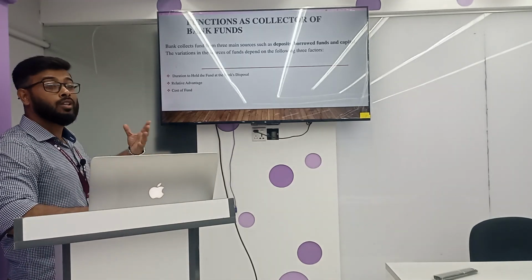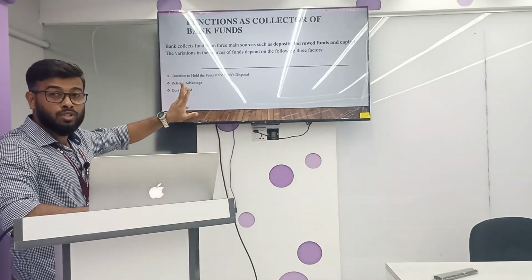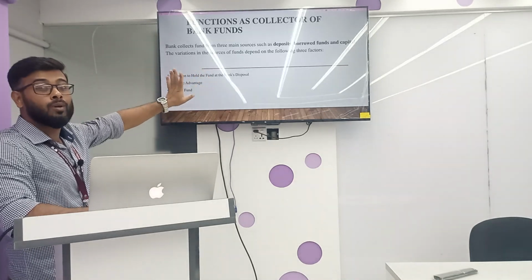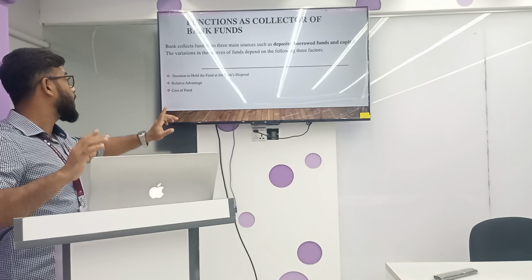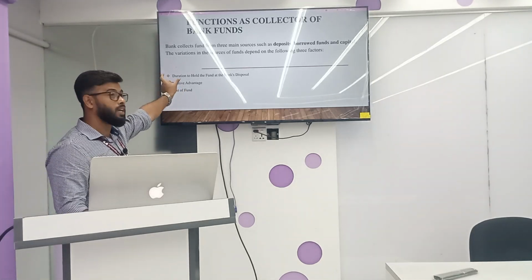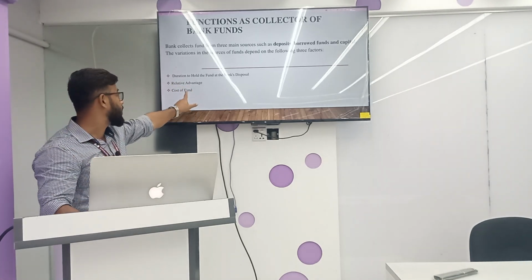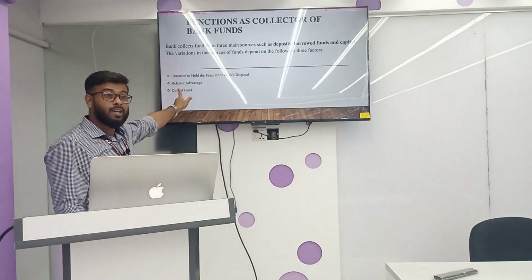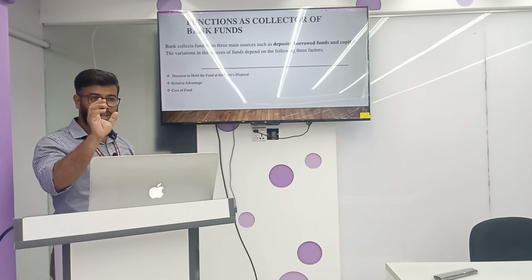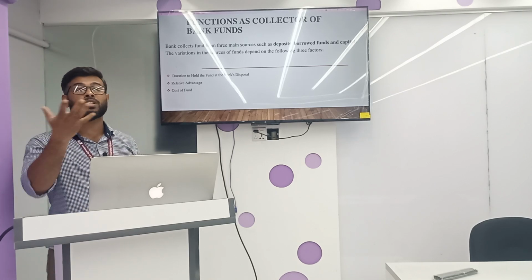Whenever we are going to collect bank funds from different sources of financing like deposits, borrowed funds and capital, the main thing is that you have to consider these three factors. First, the duration to hold this fund in your bank, in your institution. After that, relative advantages. You are getting the fund, but you don't know the advantage of this fund.